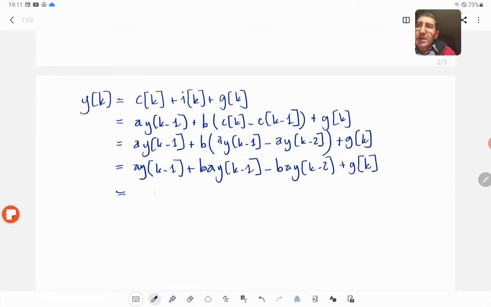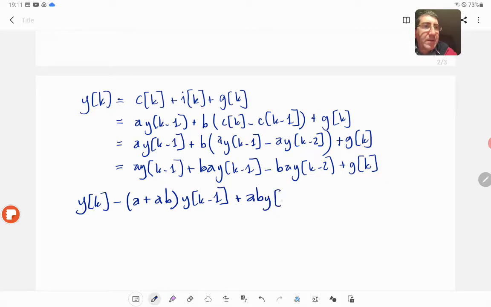Basically, let me also take these terms to the left hand side. So I have yk, minus a plus ab times yk minus 1 plus ab yk minus 2, and that is equal to g of k.